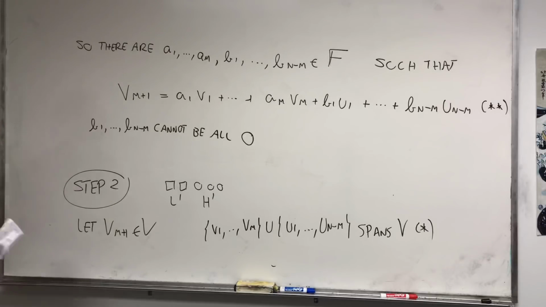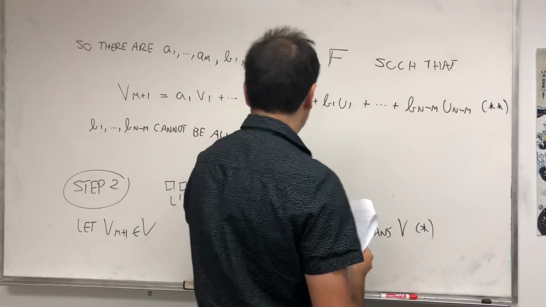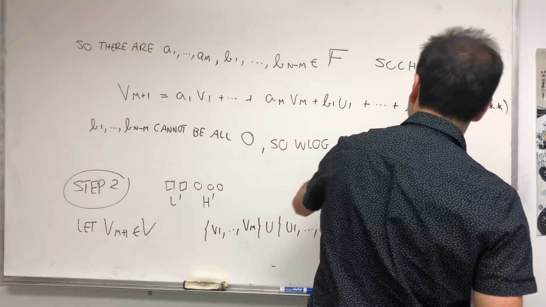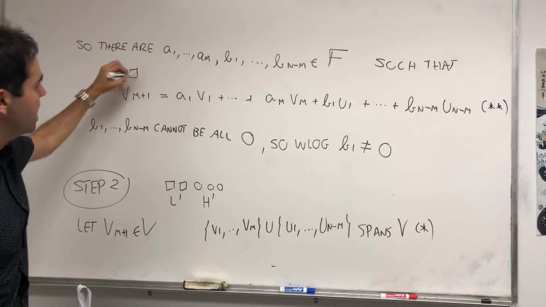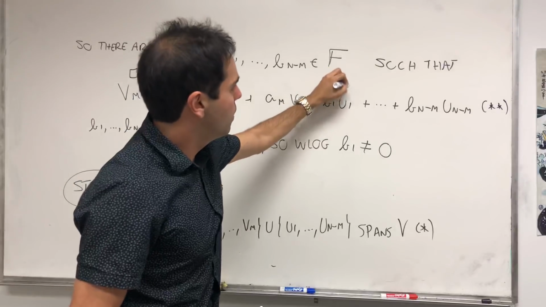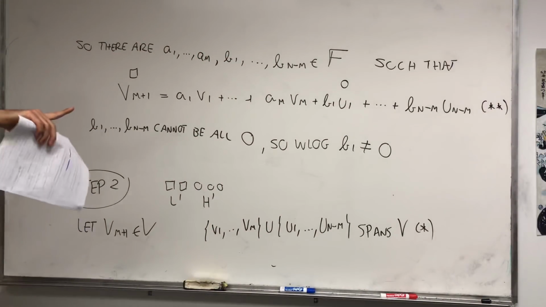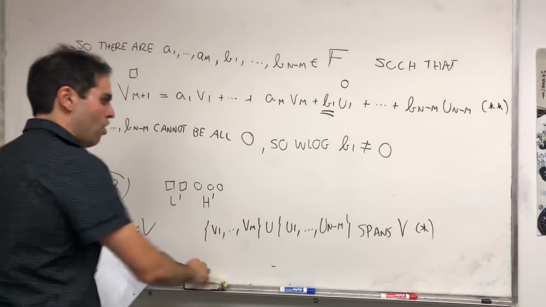So one of them is non-zero. Let's say the first one, without loss of generality. B1 is not 0. And this is the cool part. This is where we take a square and we take a dot and replace it by a square. Because now, since B1 is non-zero, we can actually solve for U1.